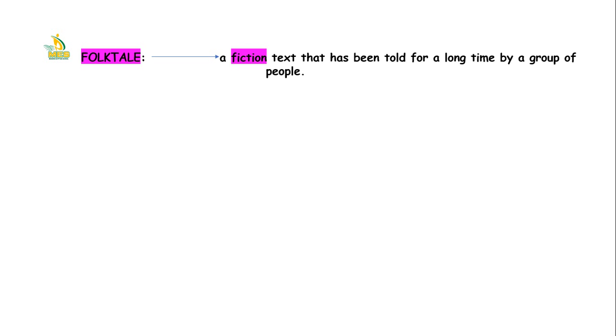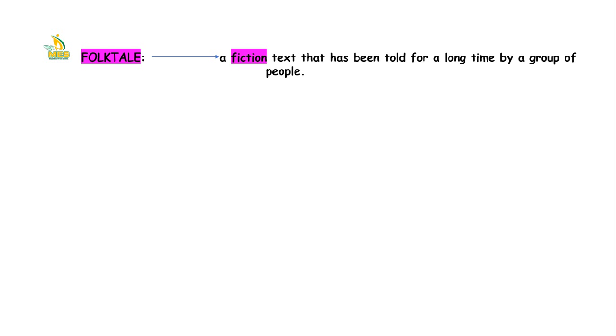Folk means people. And tale means story. Little Rabbit's Tale, the story of Little Rabbit. It is not the story of his life, though. It's the story of something that happened.